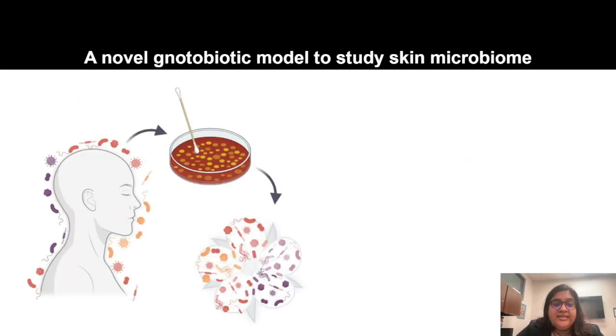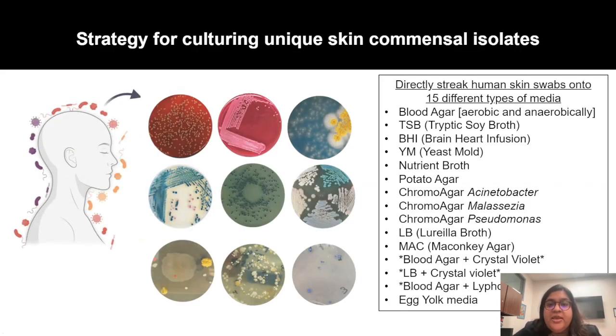So, in step one, we basically developed a brand new gnotobiotic model to study the skin microbiome. And to develop this model, we took this extremely detailed approach in which we wanted to expand our culturing of commensal isolates from the skin.